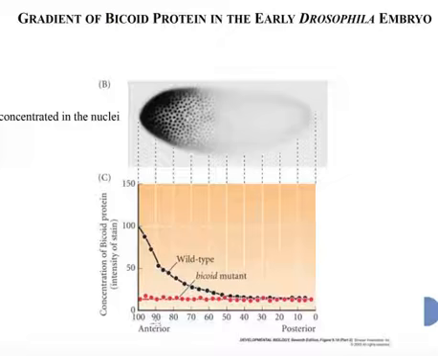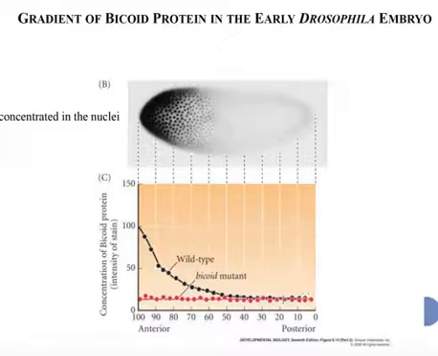We see a gradient of bicoid expression in the wild type. We have the highest levels at the most anterior side, and as far as we move from the anterior pole, we have less expression of bicoid, to be null by the posterior end.